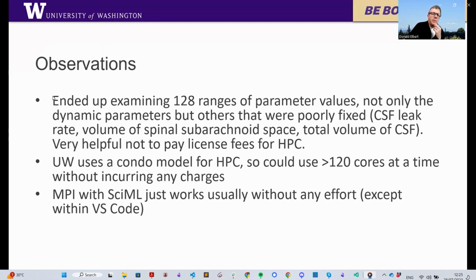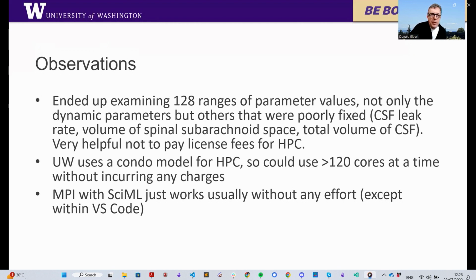Okay, so on the positive side, it turned out that the function I was optimizing was pretty shallow with lots of local minimums. So it was better to actually examine 128 different ranges of parameters and pick the best ones and average between those, kind of a more statistical point of view.